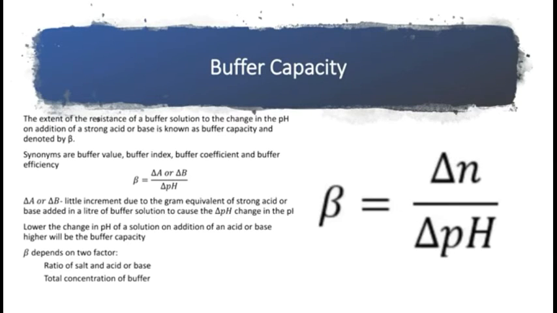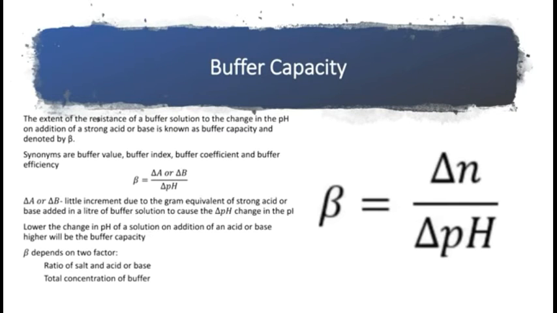The buffer capacity of a solution has a value of 1 when the addition of 1 gram equivalent of strong base or acid to 1 liter of the buffer solution results in a change of 1 pH unit.